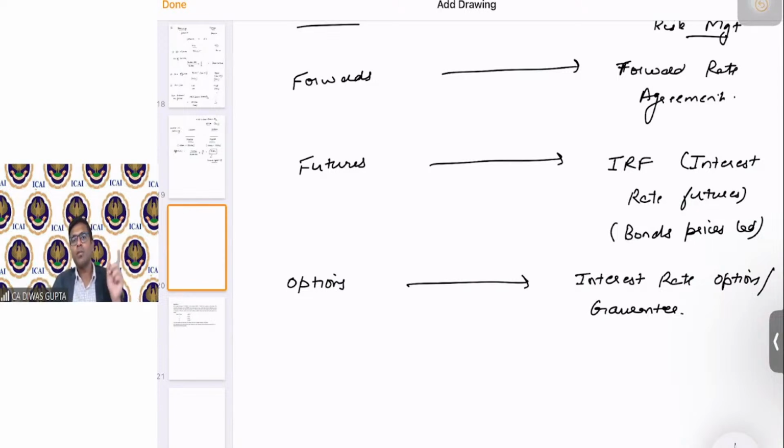In traditional methods, we discussed ALM and FRA, which is forward rate agreement. In the modern methods, there was interest rate futures, which we have again discussed. And now we are going to discuss the interest rate guarantee, which is the interest rate options, right? Whichever way you want to call it is the same.